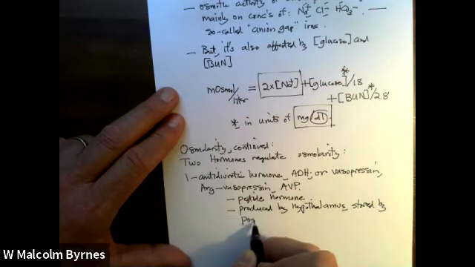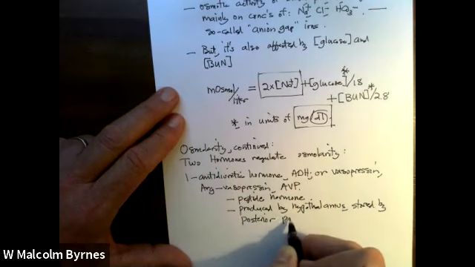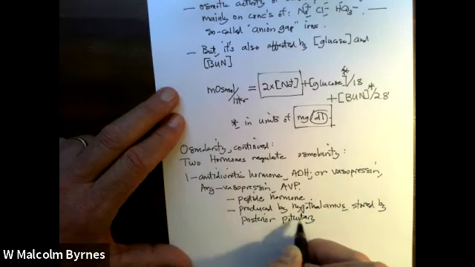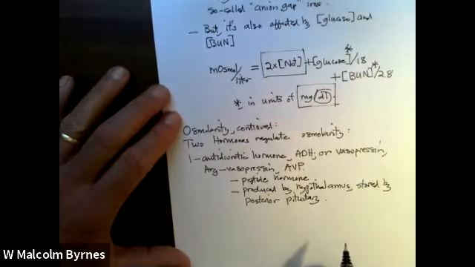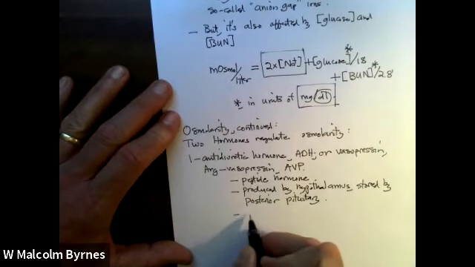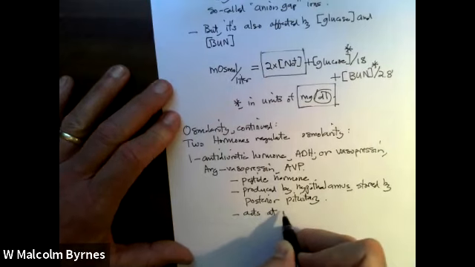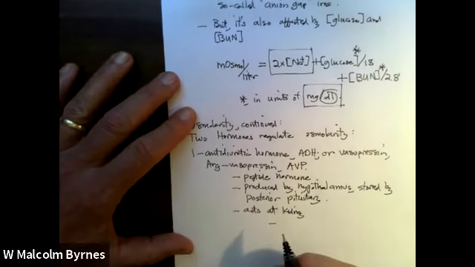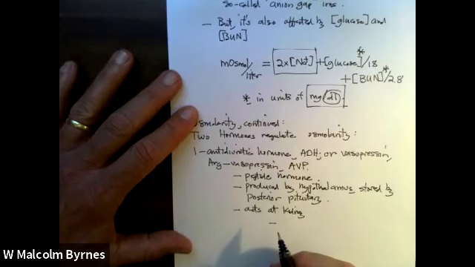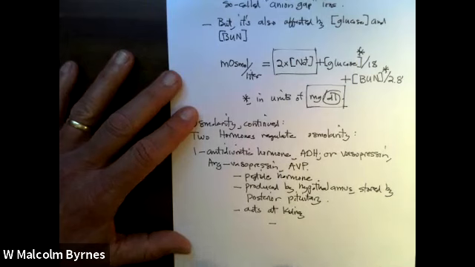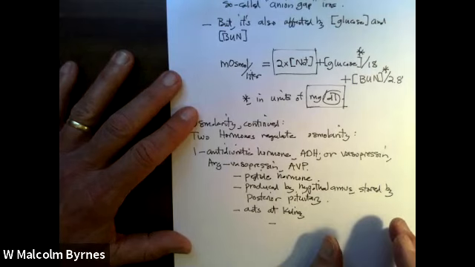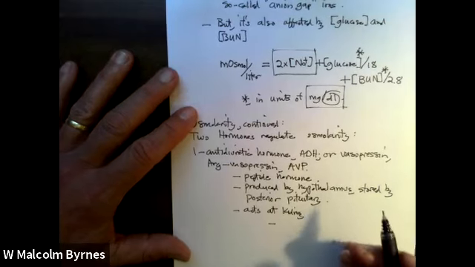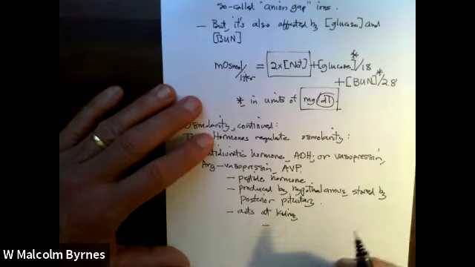by the posterior pituitary, from which it is released when needed, and it acts at the kidney. What it does is it stimulates the movement of aquaporins to the epithelial cells that line the nephron of the kidney, to the membrane that faces the lumen of the nephron.